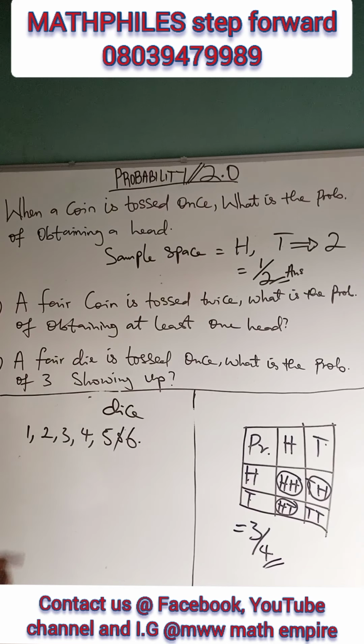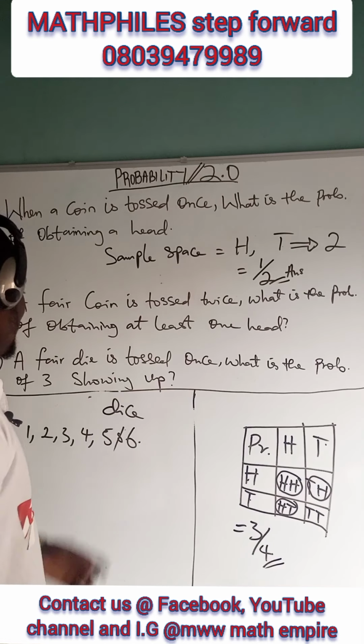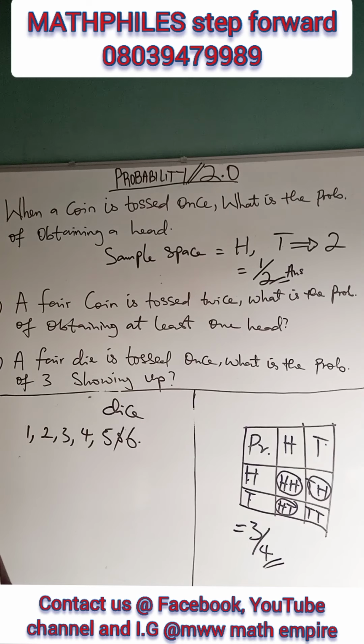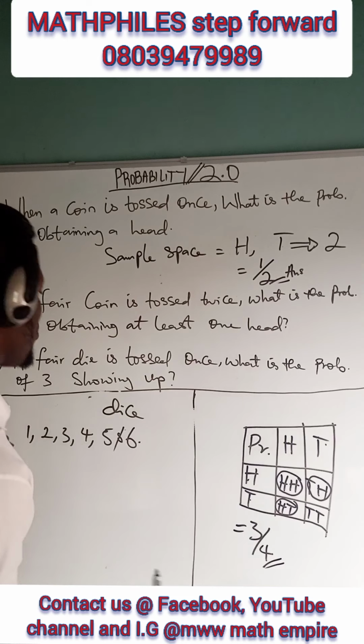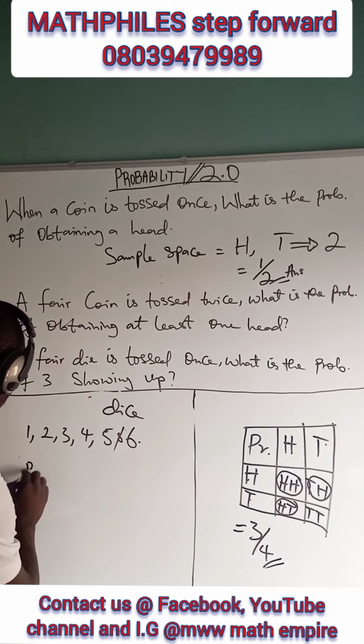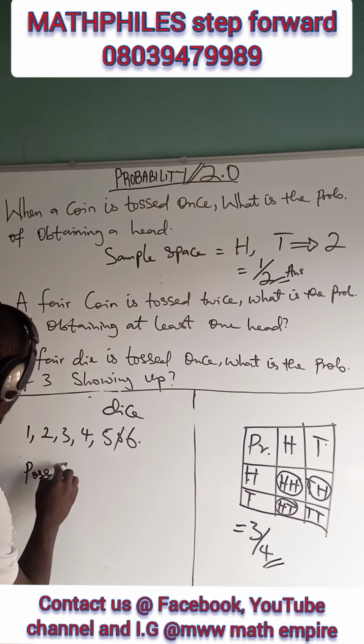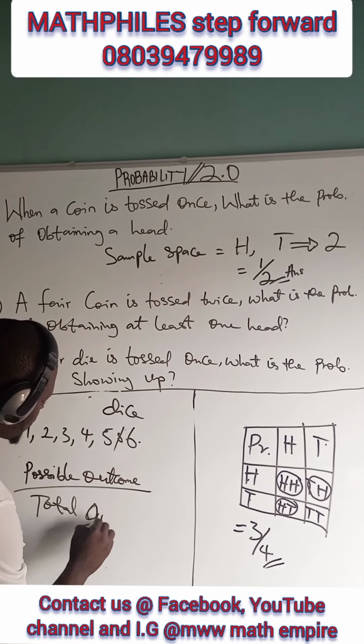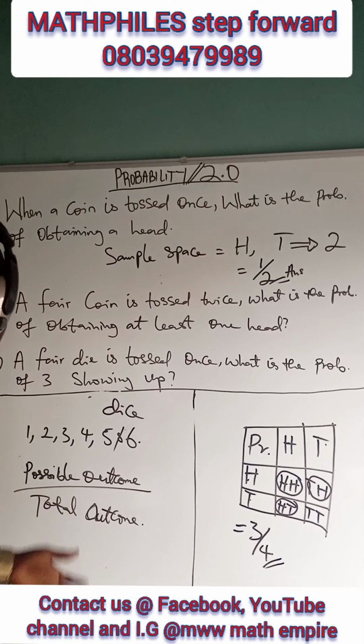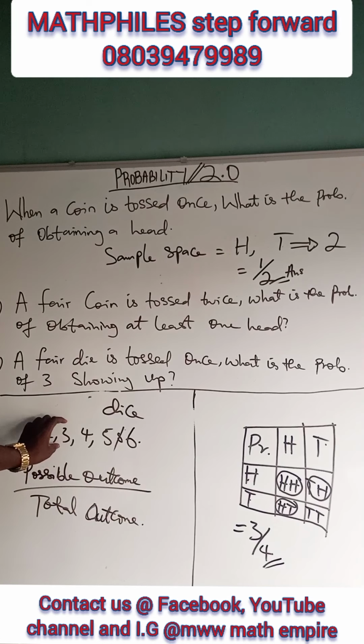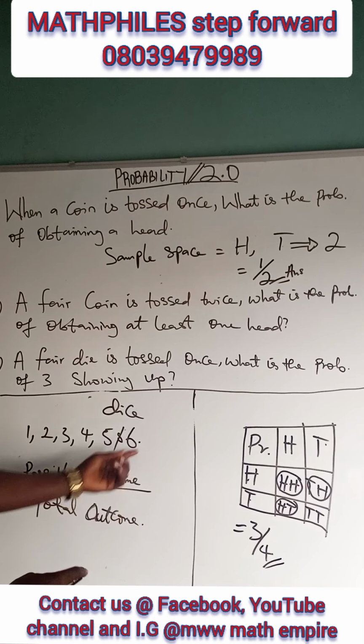Now you ask yourself, how many 3s do we have here? It is 1, right? So I don't want you to look at it in this way, that since you are having 3 and the formula for probability is possible outcome over total outcome, let me write it again. The possible outcome, which is the probability you are looking for, will be 3, and the total outcome will be 6.